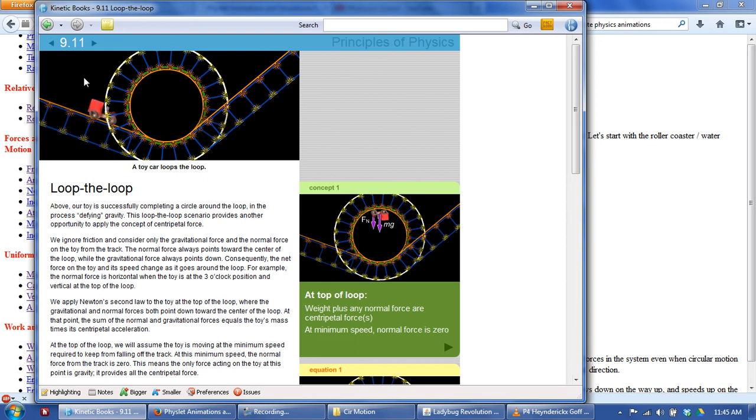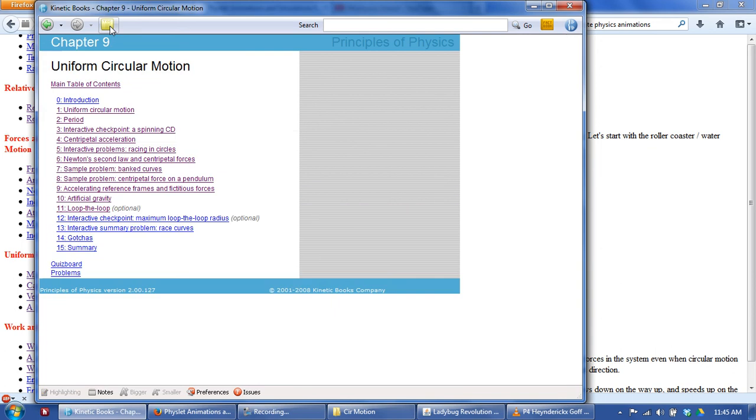It also, we have the example of the loop-to-loop like we were just talking about, but it is a fictitious force because it is pointing towards the outside, but in that accelerated frame of reference, it feels like it points towards the inside.